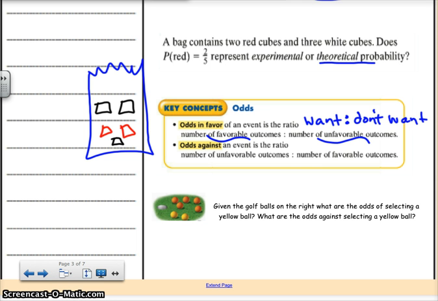Odds against: number of unfavorable, what you're not looking for, to number of favorable. So you just flip it. What you don't want to what you want. It's actually a fourth way to represent probability, because a ratio is really a quotient written in a horizontal fashion.